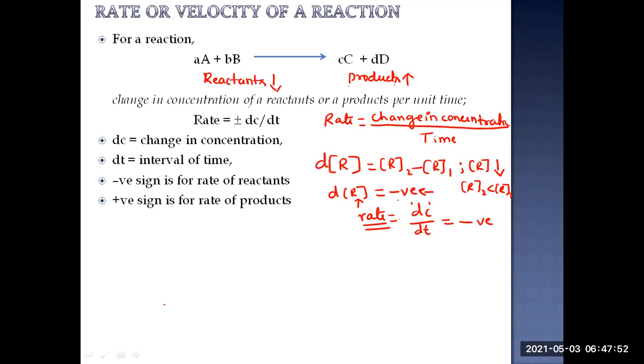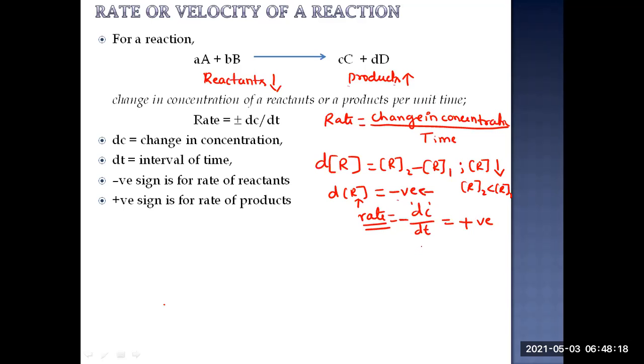So introduce a minus sign by yourself. We are introducing it; it is not that the equation itself has it. Why do we need to introduce a minus sign? So that with this minus sign introduced, and dc becoming negative for reactants, minus into minus becomes plus. Thus the rate calculated becomes positive. And that problem is not there for products.